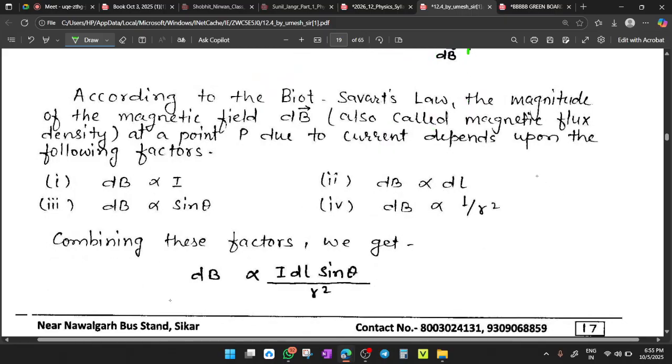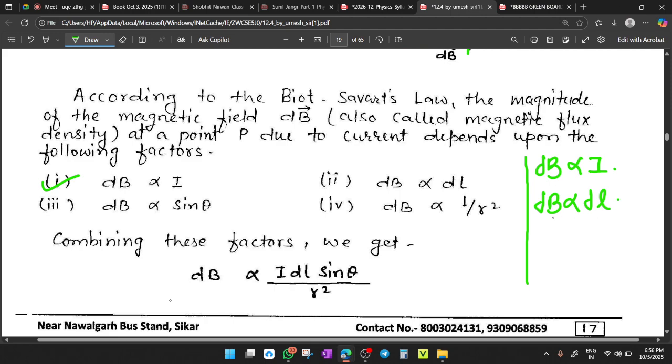First, according to his experiment, dB is proportional to the current flowing through the conductor, right? As Oersted said, as you increase the amount of current, the magnetic field also increases, right? Second, dB is proportional to dl.